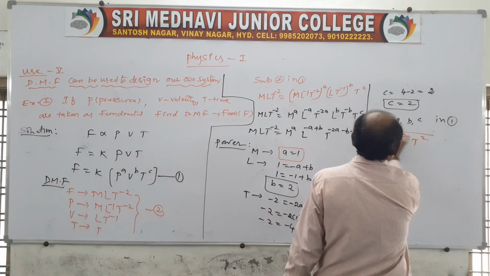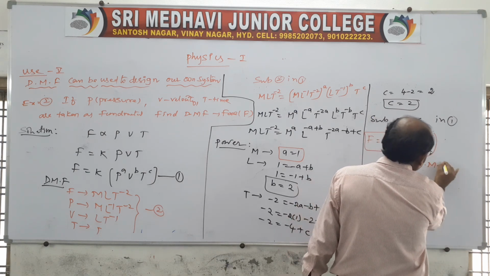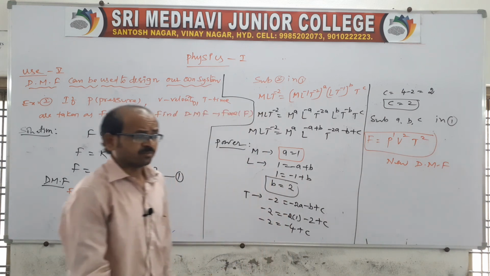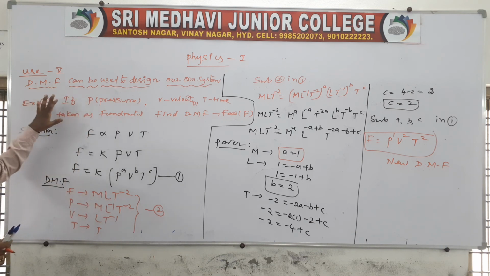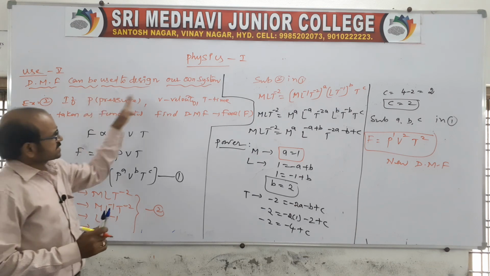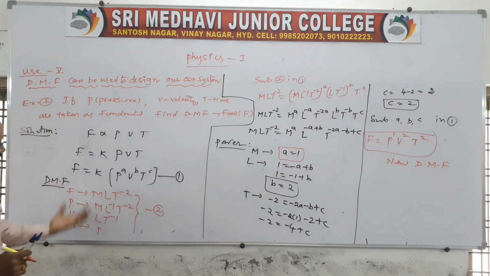So this is a new DMF for force. But you remember, force is based on the MLT fundamentals, and the force dimensional formula will be M L T^-2 only. But the given question says use these fundamentals and get the force dimensional formula, so the process has to be like this.